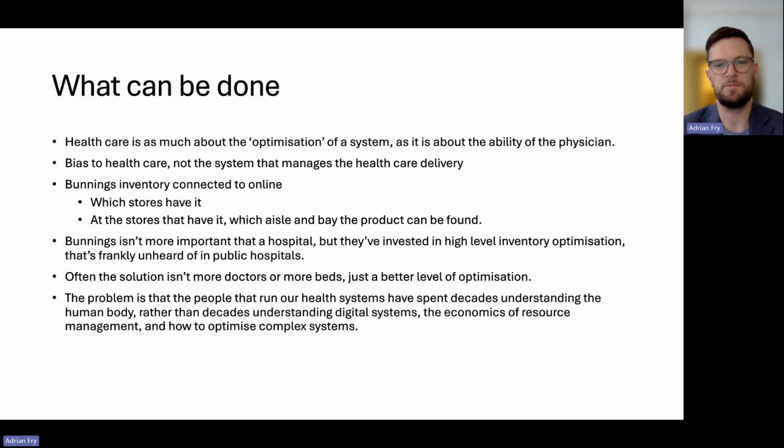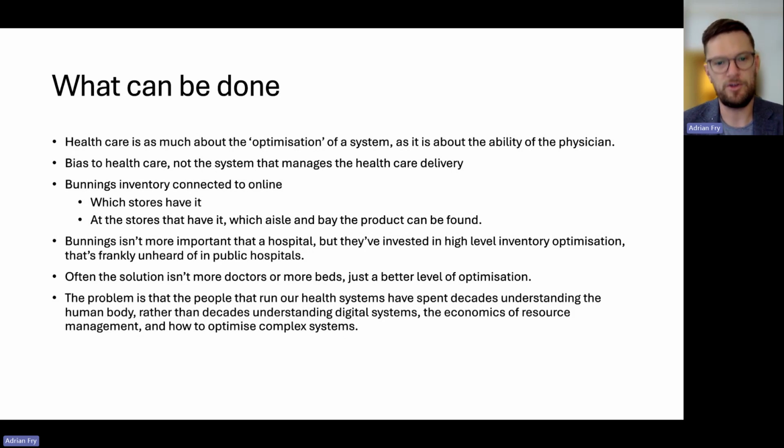A very simple example is Bunnings. I go to Bunnings and I want to buy something. I look up on their website and it'll tell me which stores have it, and not only the store that has it, but the aisle and the bay of that item. Now imagine how much work has been done in the background to connect all their inventory management systems up, just so a customer has full awareness of where everything is.